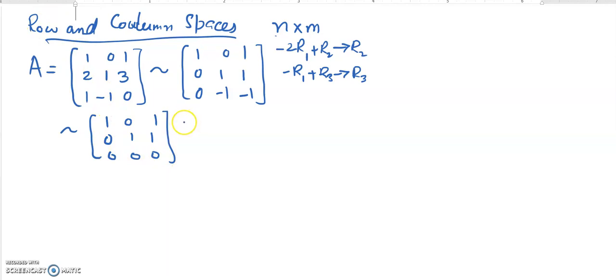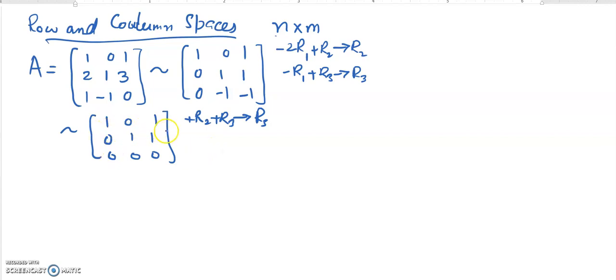So this row operation was minus R2 plus R3, that is R3. Now this matrix is in echelon form. In this form, we can see how many rows are non-zero rows.